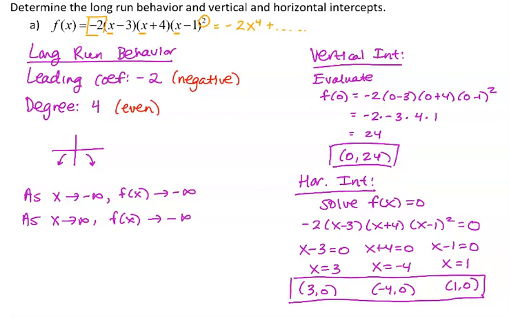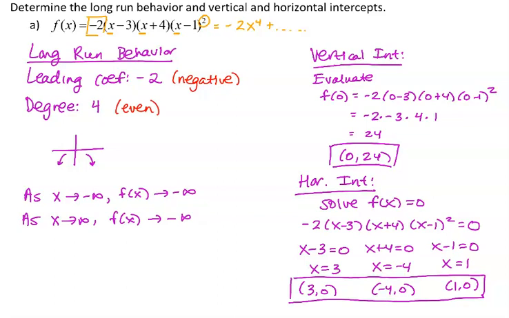All of this information that we have found you can then verify by graphing this function. So either on your graphing calculator or using a site such as desmos.com, put in the original function in its factored form and make sure that the long-run behavior matches up with the sketch that we drew and that you see those key points, your vertical and horizontal intercepts, telling you about the short-run behavior of the graph matching up with what we calculated.